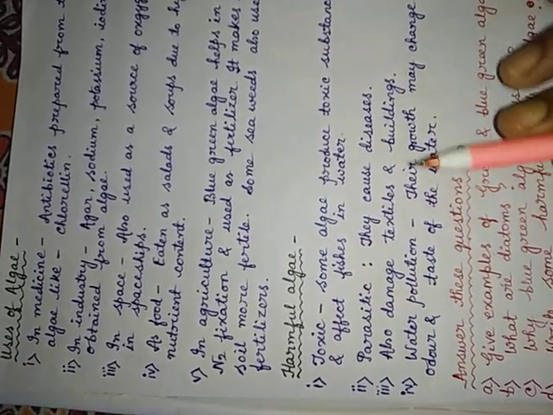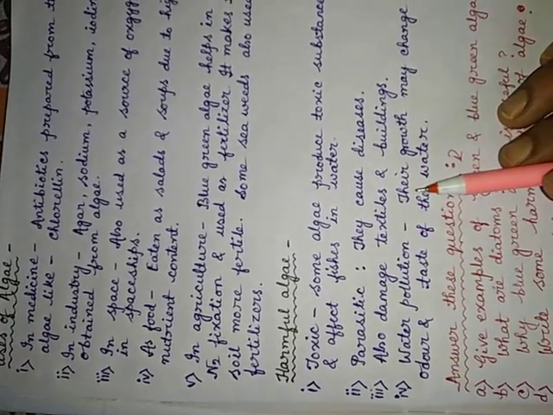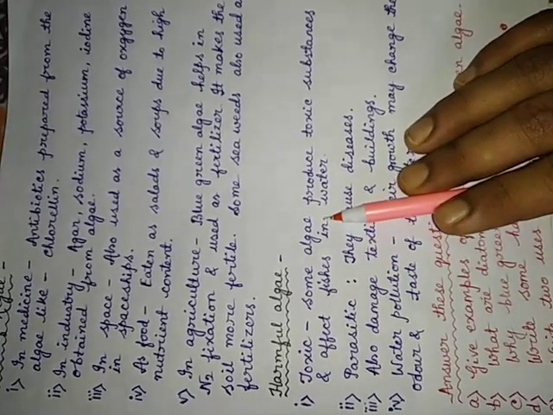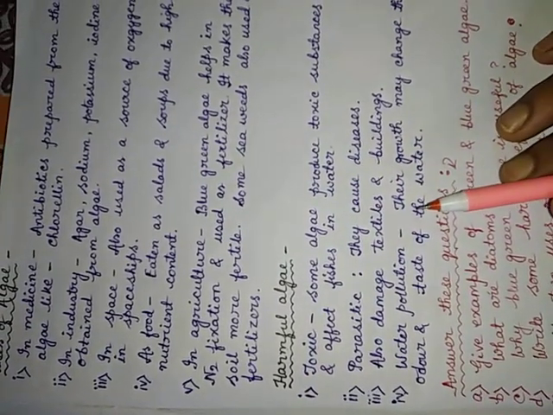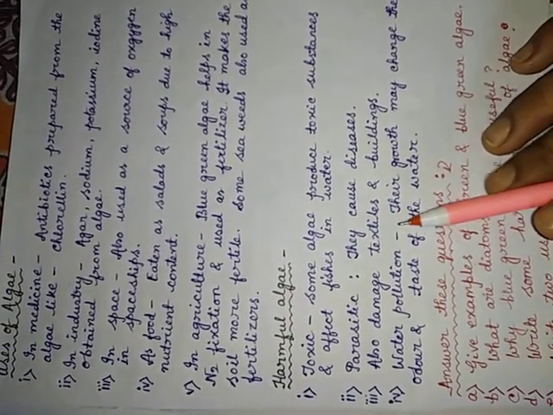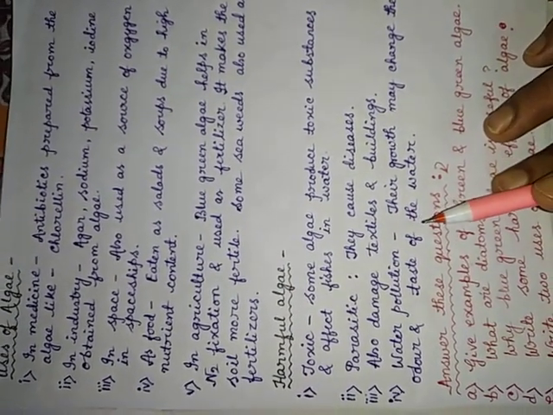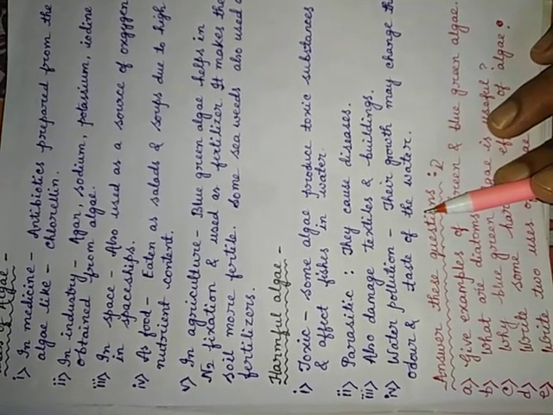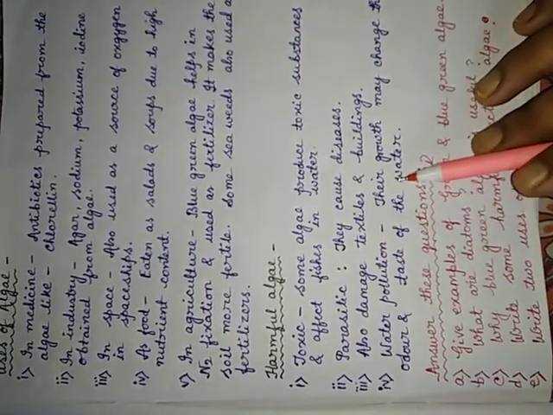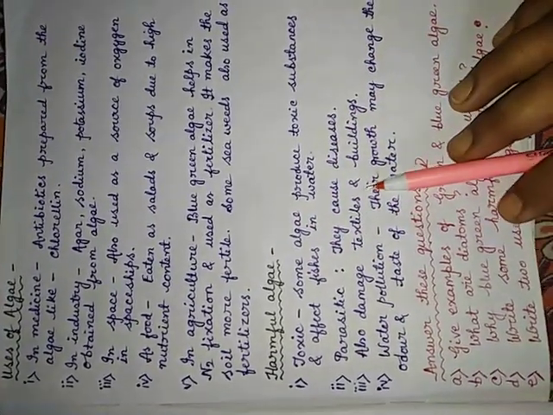Similarly, textiles are also damaged by some algae. And number four is water pollution. As I already told, algae produce toxic substances, which not only affect the growth of fishes but also change the color and taste of the water. It becomes bluish or greenish in color. The water becomes polluted. These are the harmful effects of algae.